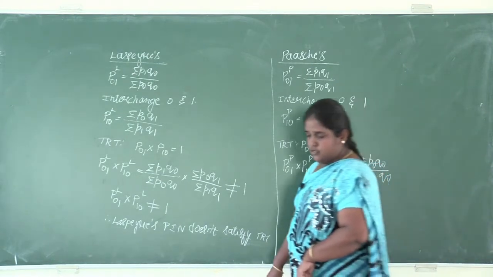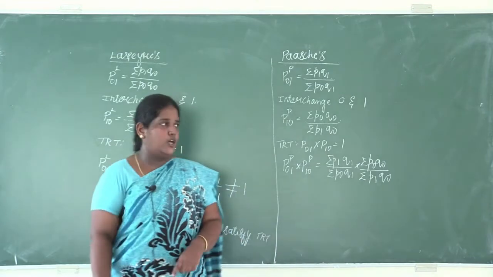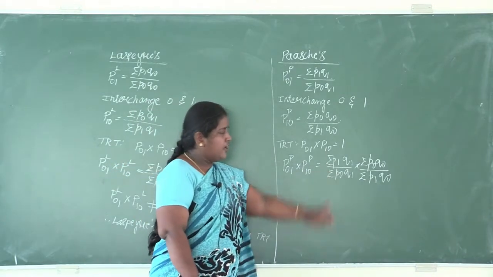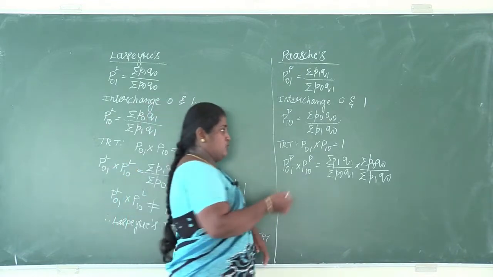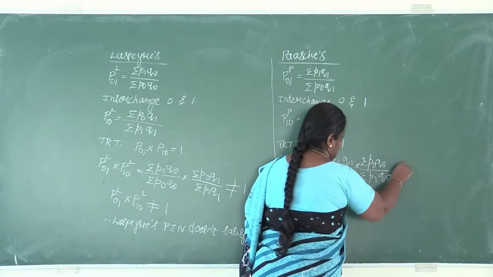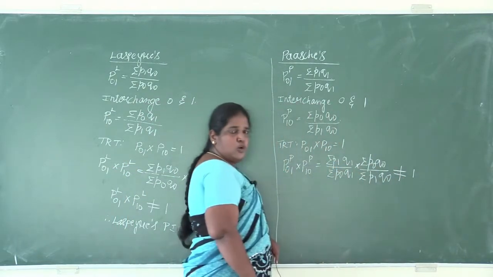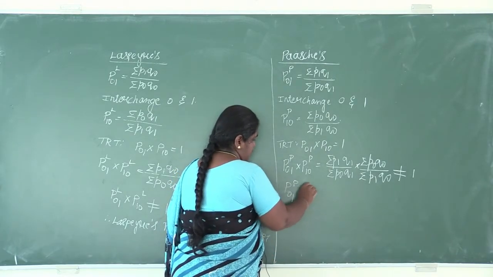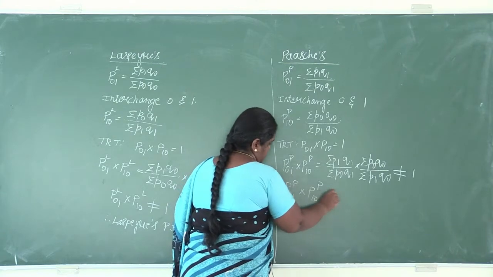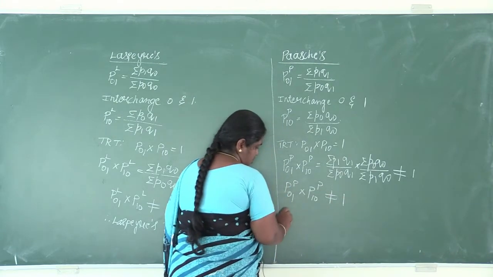Again check the numerator part. P1 Q1 we have in the numerator and we don't have P1 Q1 in the denominator. So none of the terms will get cancelled, so it is not equal to 1. So P01P into P10P is not equal to 1.